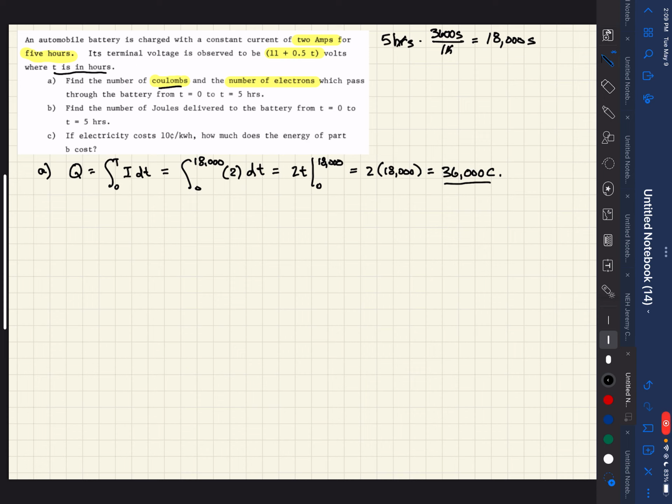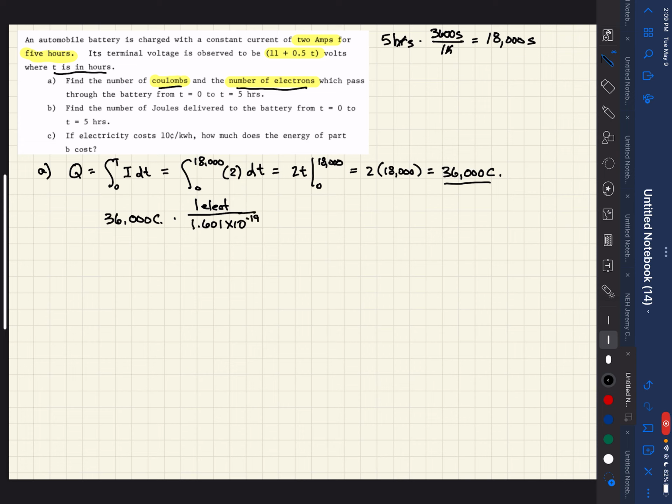Now for the second part of A, we have to recall how much charge an electron has. So if we take 36,000 coulombs, we know that one electron has a charge, and this is just a constant you can look up, of 1.601 times 10 to the minus 19.